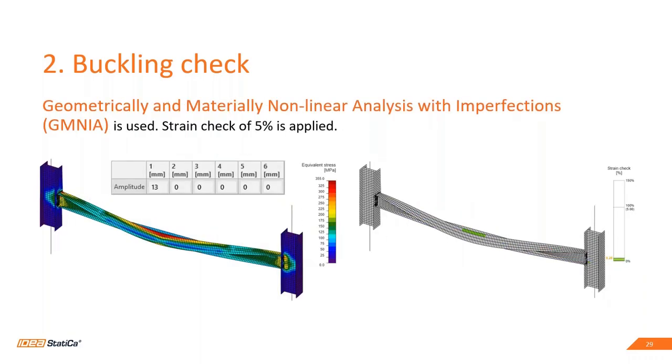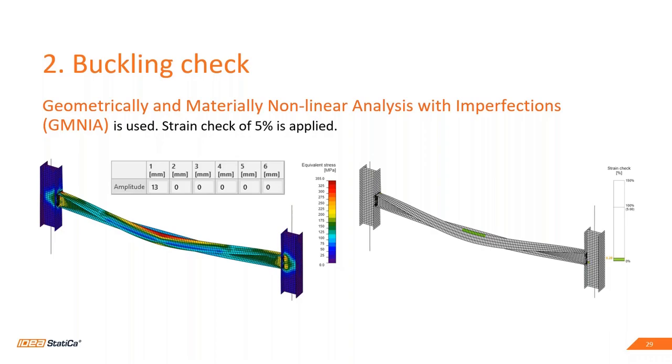Now we have to decide which of these eigenshapes are the most dangerous ones. In this example, we decided that we will use the first shape, and we applied 13 millimeters imperfection on this shape. The value is not random.